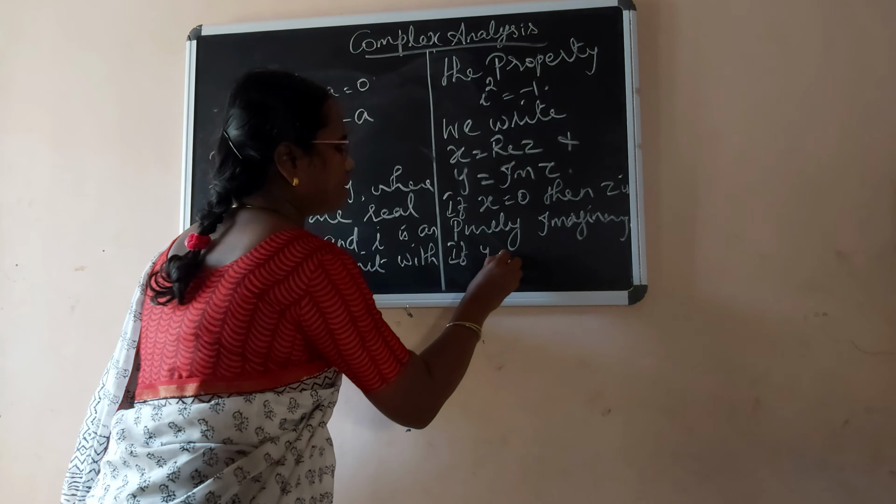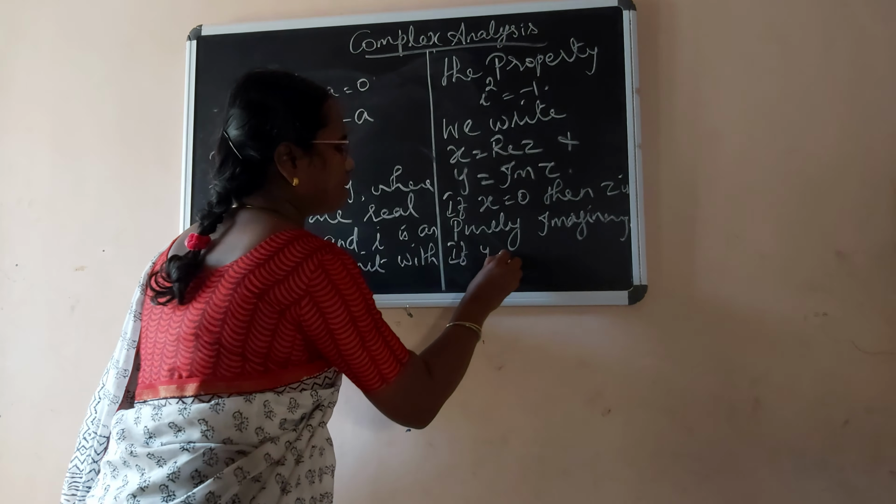If y is equal to 0, then z is real. Now, two complex numbers are said to be equal if and only if they have the same real and imaginary parts.